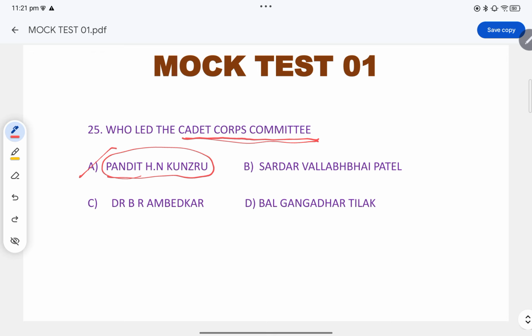The National Cadet Corps Act 1948 was passed by the Parliament, leading to the formal establishment of the NCC on July 15th, 1948. So if they ask who was the head of the Cadet Corps Committee, you have to answer Pandit H.N. Kunzru.